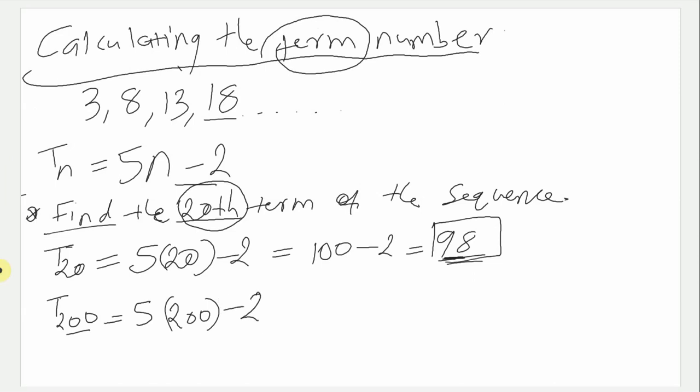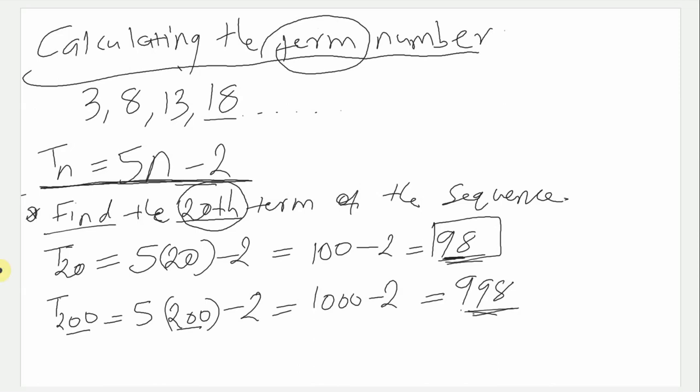I forgot the minus 2. 1000 minus 2 is 998. So again, if I was to continue writing down all the terms of this sequence up to 200, I would land on this number. But since this would also take us the whole day, hence we had to find the formula to calculate the terms.